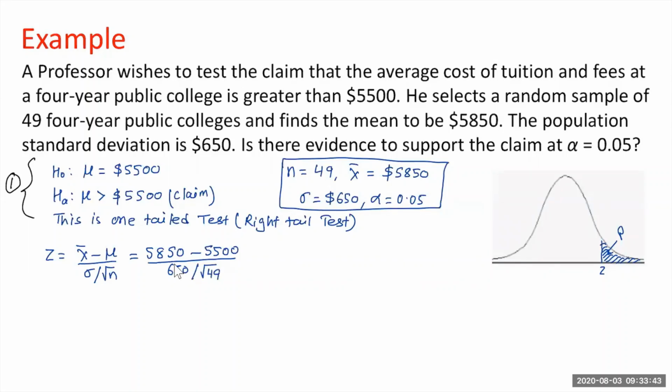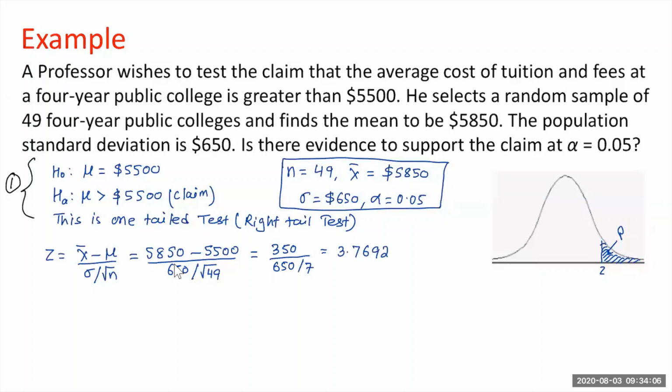Now let's subtract in the numerator: 5,850 minus 5,500 is 350, divided by, in the denominator, 650 over the square root of 49, which is 7. If we simplify, 350 divided by 650 over 7 is 3.7692.